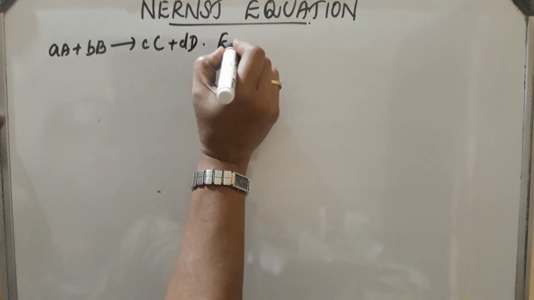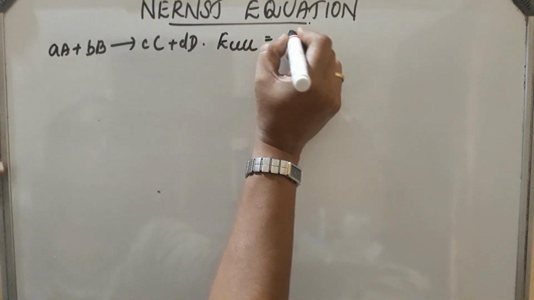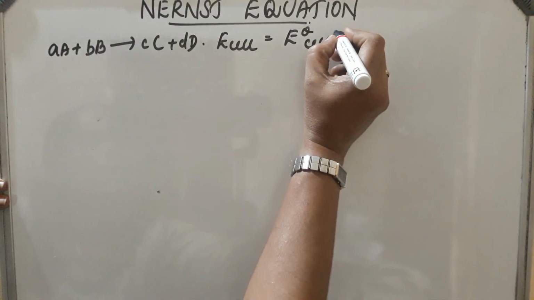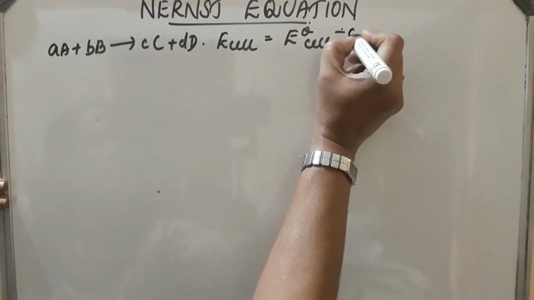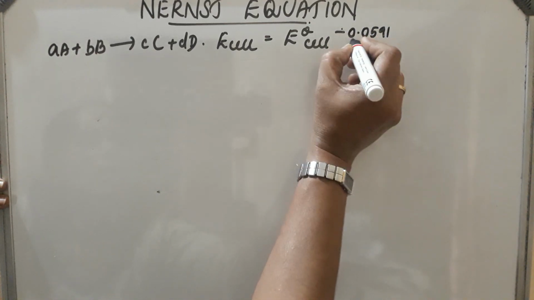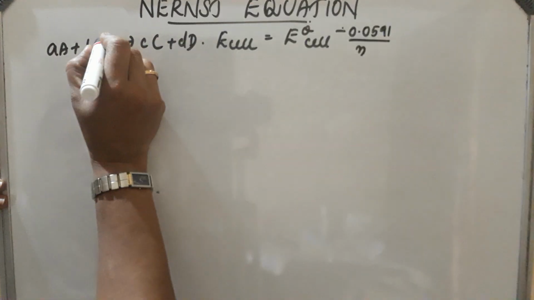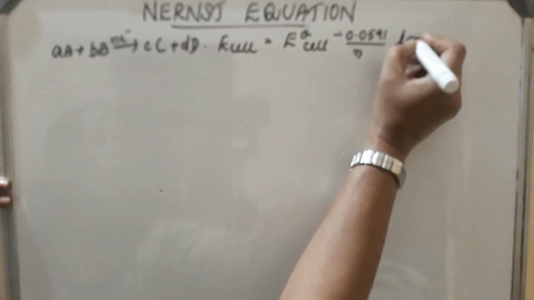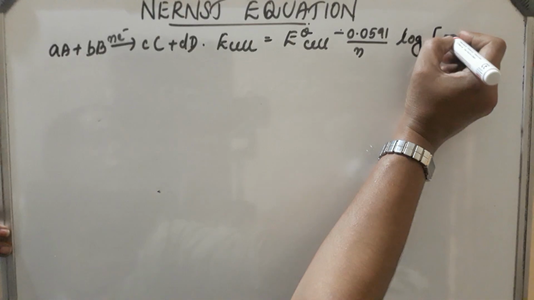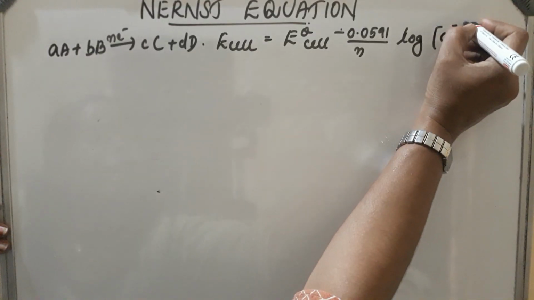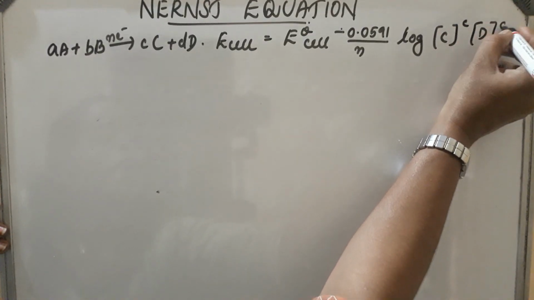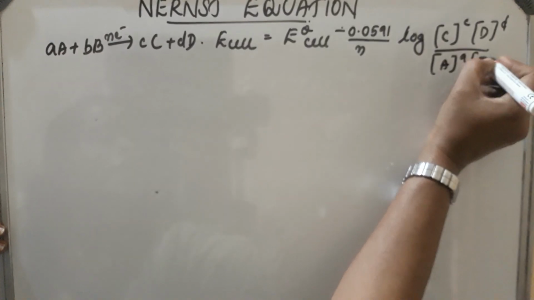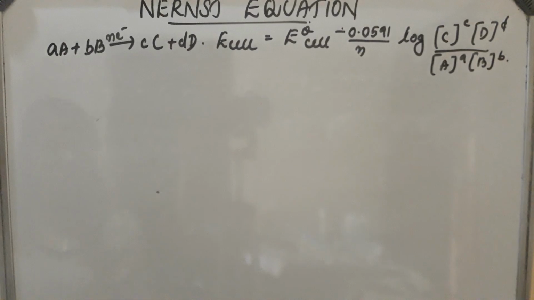So, E of cell will be equal to the standard electrode potential of the cell minus 0.0591 by n, where n is the number of electrons taking part in the reaction, then log of products by reactants, like this.